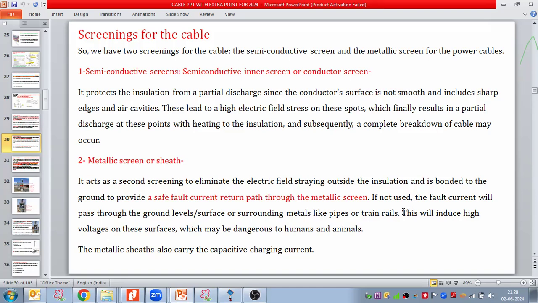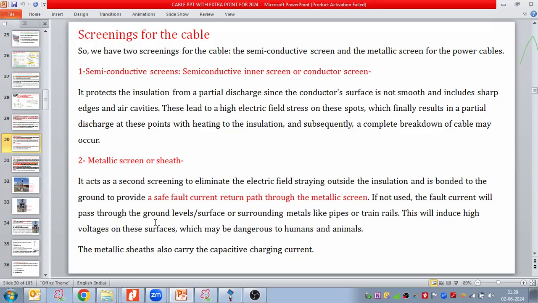Through that, this line to ground fault current will flow. And this will induce a high voltage on these surrounding surfaces, which may endanger humans, animals, or anyone who comes into their effect. So if we provide this, we are protecting them.